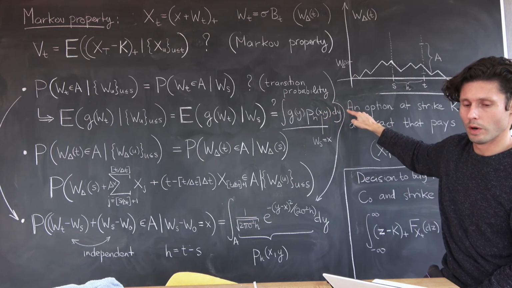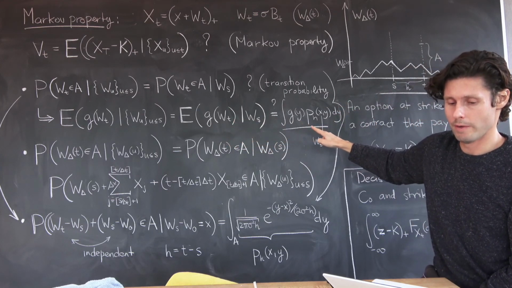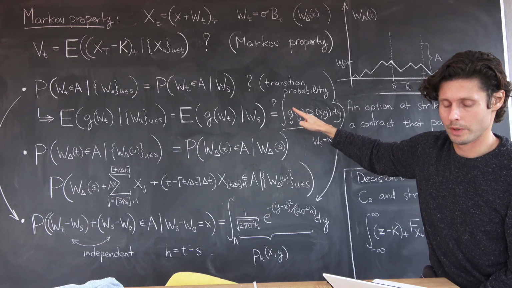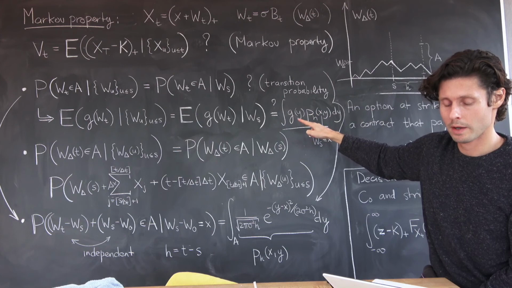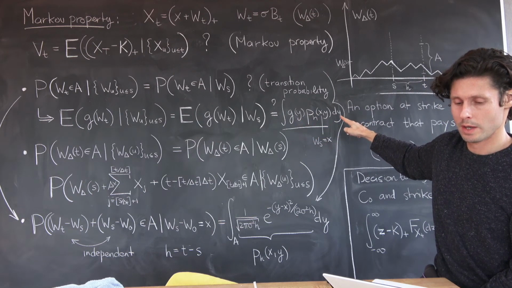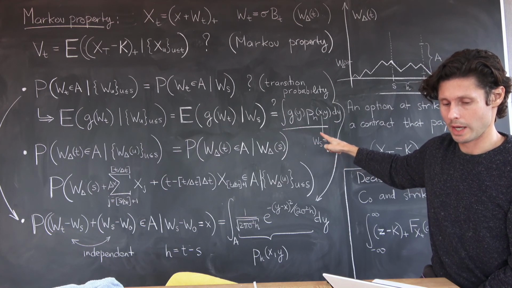So this would be sort of a transition probability from x to y. I'm integrating over all possible places where, in this case, w_t could be. The value that I'm trying to find the expectation of is g of that y, integrating over all y, and starting at w_s, which is what I've called my x here.